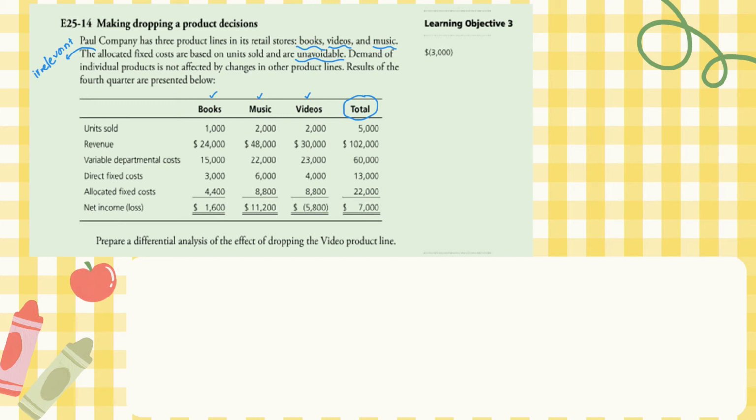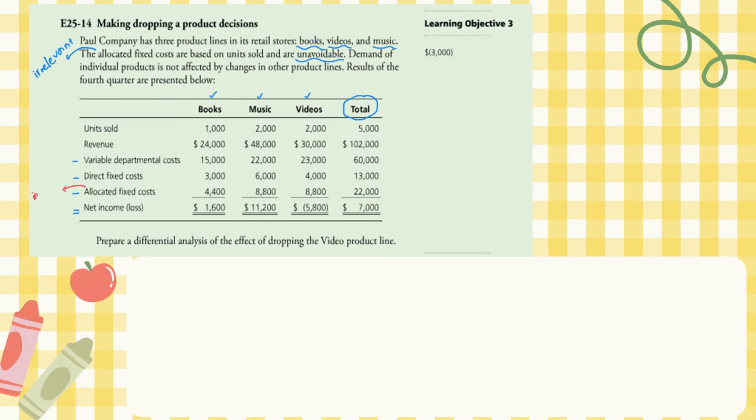Results of the fourth quarter are presented below. Now, when you see a question like this, you need to look at the income. Okay, so here, revenues less variable departmental cost less direct fixed cost less allocated fixed cost equals net income or loss. Again, here he said the allocated is irrelevant to my decision.